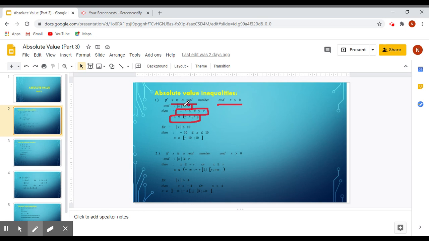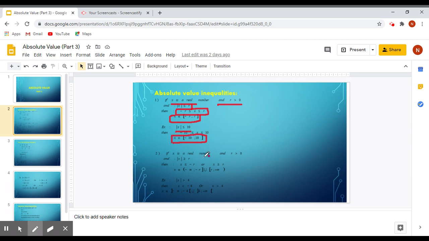If it is strictly less, then x will belong to an open interval minus r, r. So example, absolute value of x is less than or equal to 10, which means x is between minus 10 and 10, and x belongs to the closed interval minus 10, 10.